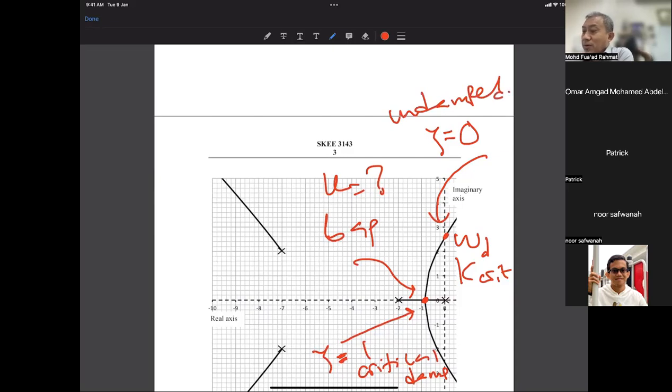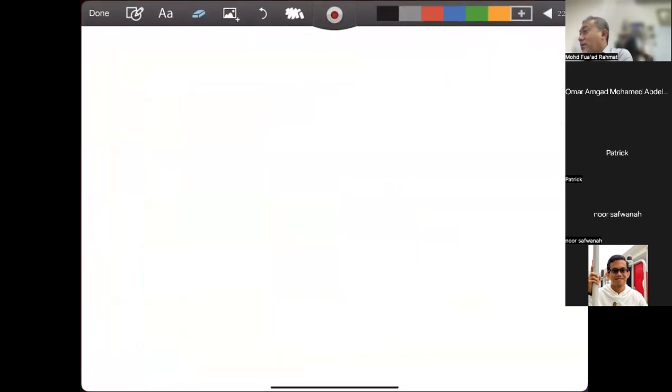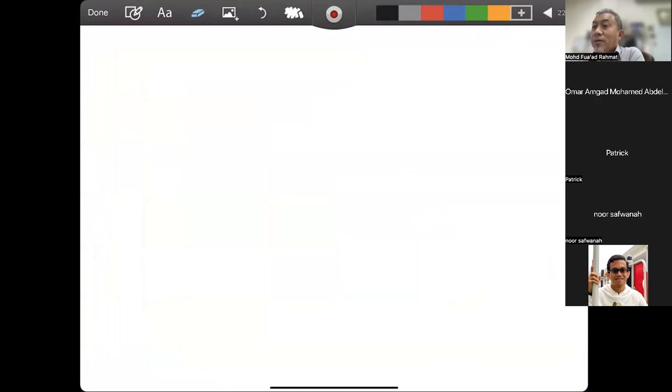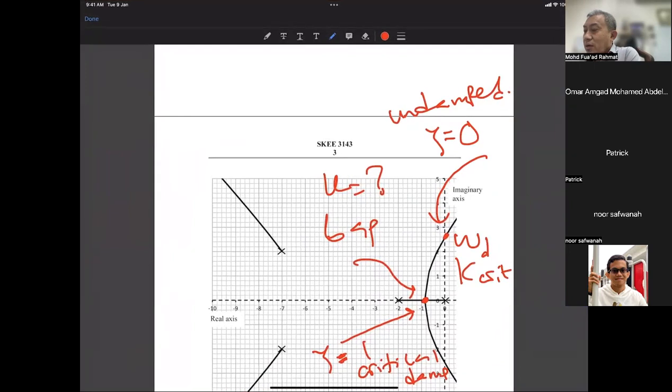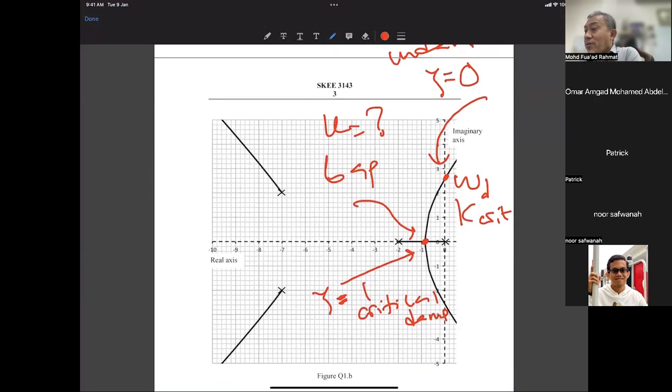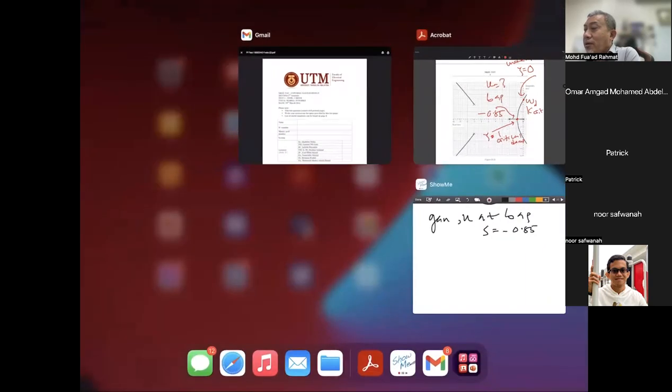Okay, so now we calculate the corresponding gain. Gain K at breakaway point, which is minus 0.85. How I get 0.85 is by reading from the graph given. So you have to read this point. So it is minus 0.85, reading from the graph paper given.